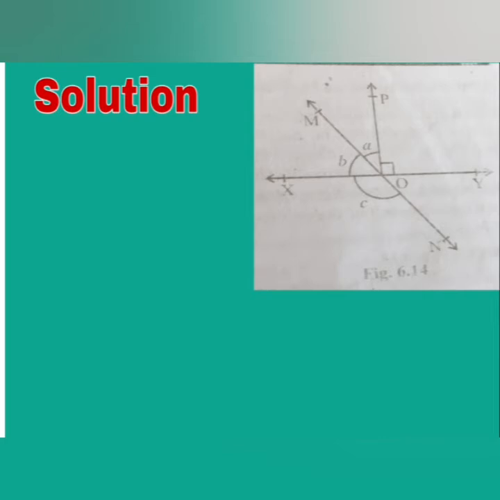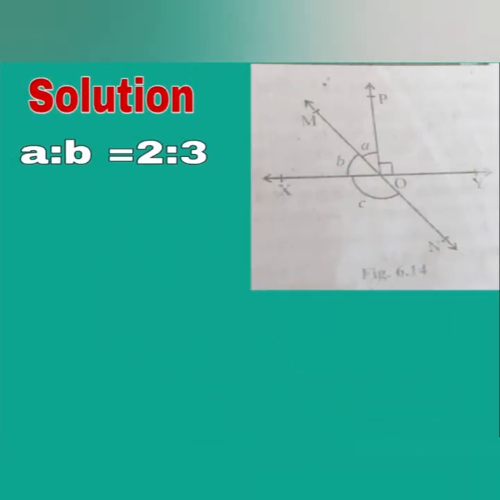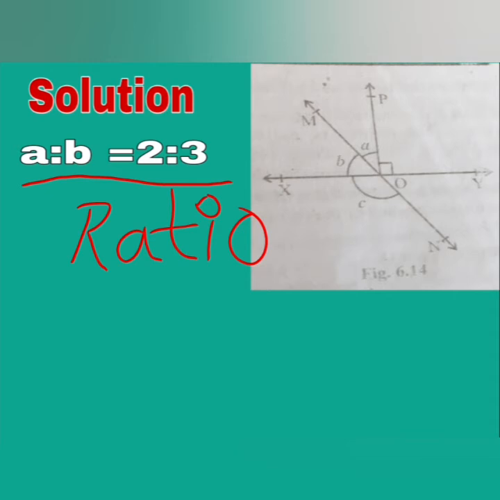Okay, the solution. So there we have a ratio, right? That is A is to B is equal to 2 is to 3. If we keep this ratio as it is, it is not possible for us to simplify the question. Whenever you have a ratio, you have to cancel that ratio. You should get either variables only or only numbers. So how to cancel this ratio?